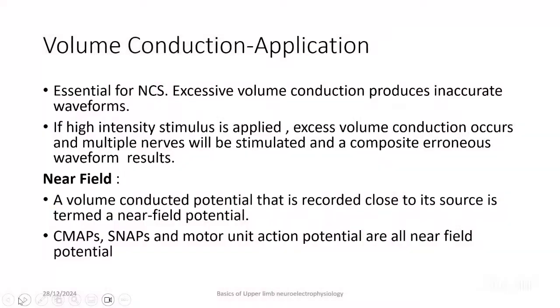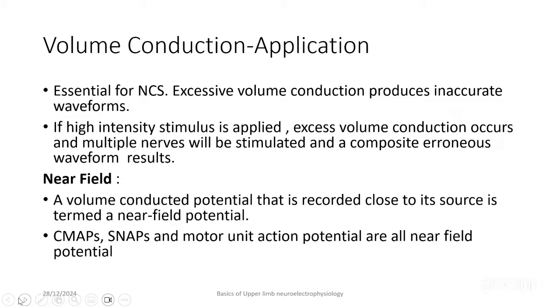Volume conduction is essential for nerve conduction studies, but excessive volume conduction produces inaccurate waveforms. If a high intensity stimulus is applied, excess volume conduction occurs, multiple nerves will be stimulated and a composite erroneous waveform results. So you have to be very careful in applying the amount of electricity that you are stimulating the nerve with.